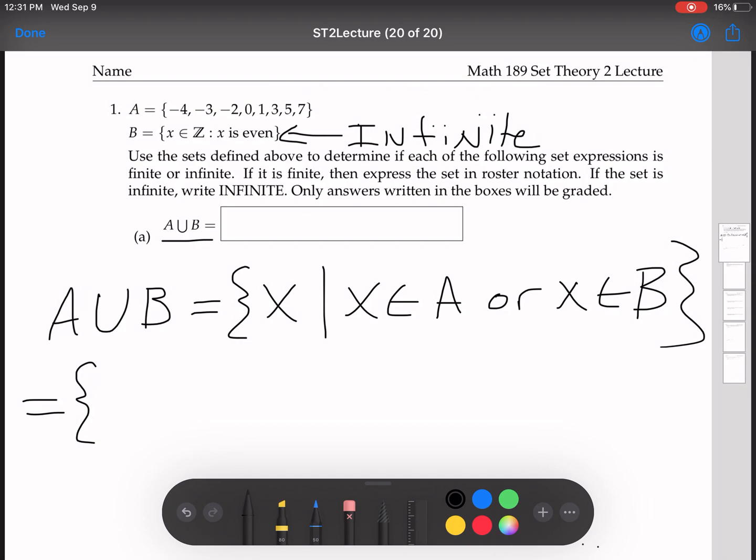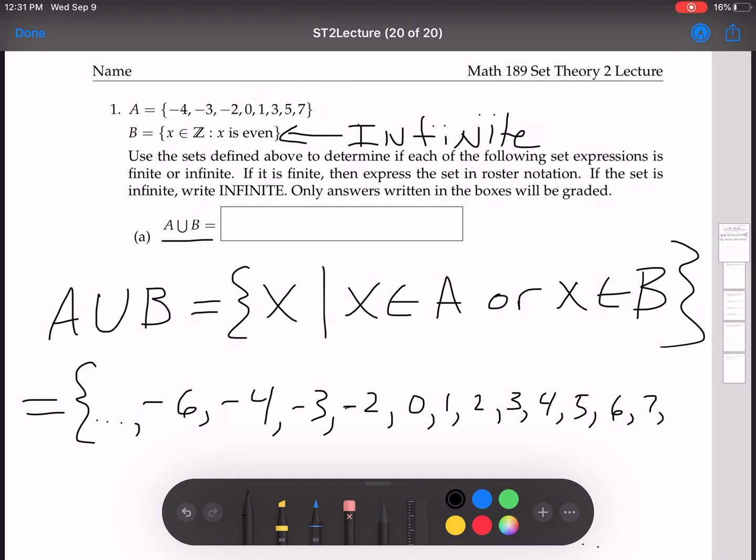All right, but in any case, we've got -6, -4, -3, -2, 0, 1, 2, 3, 4, 5, 6, 7.